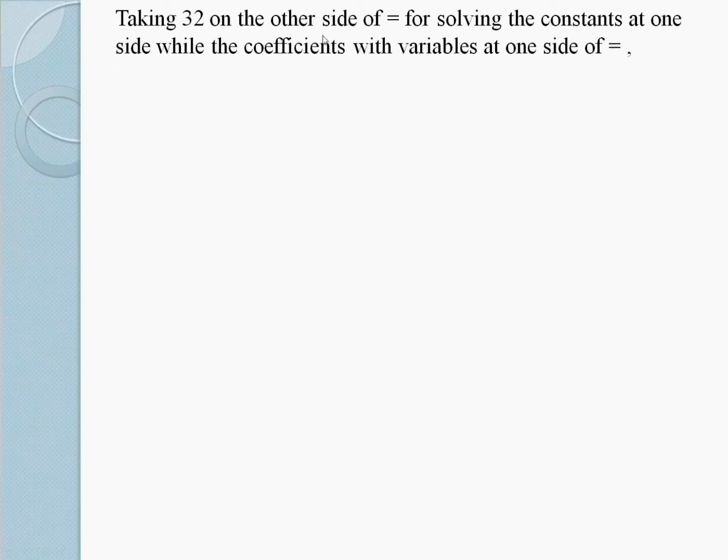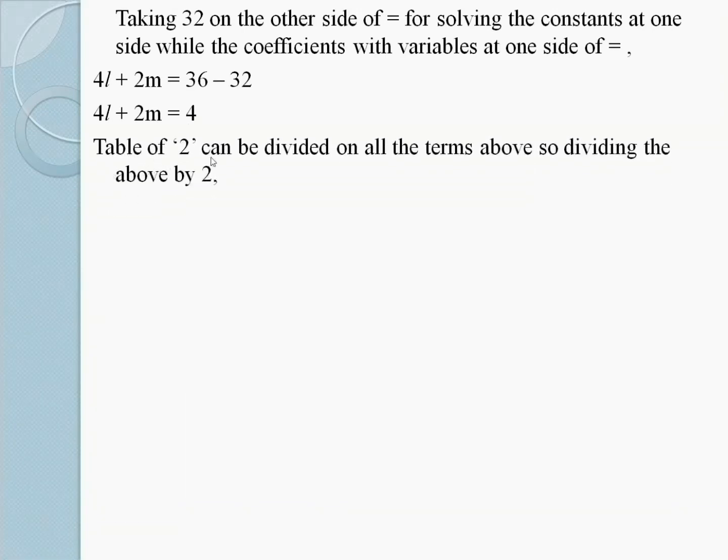Taking 32 on the other side of equal, for keeping the constants at one side while the coefficients with variables are at one side. 4l plus 2m equal 36 minus 32. 4l plus 2m equals 4. Table of 2 can be divided on all the terms above, so dividing the above by 2, 2l plus m equals 2.